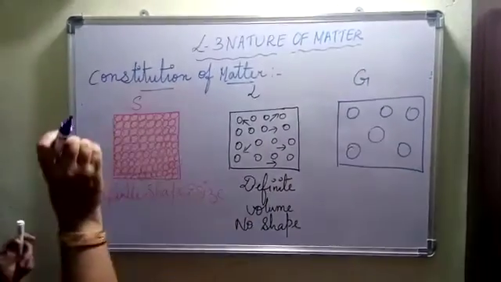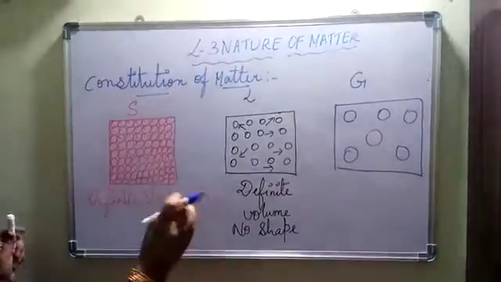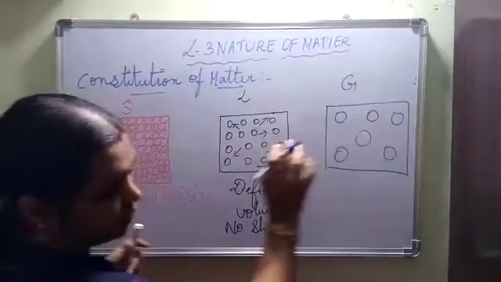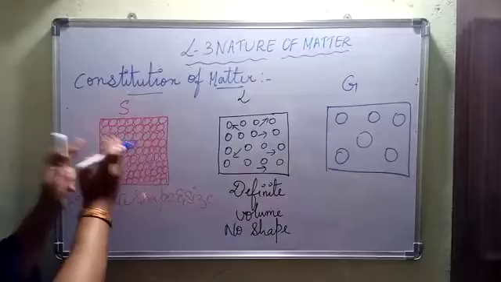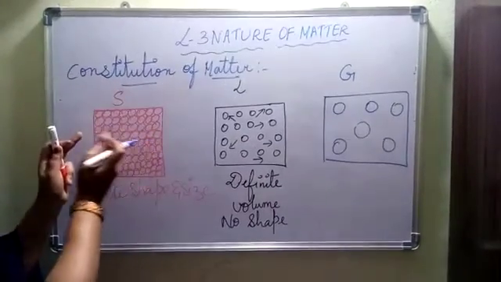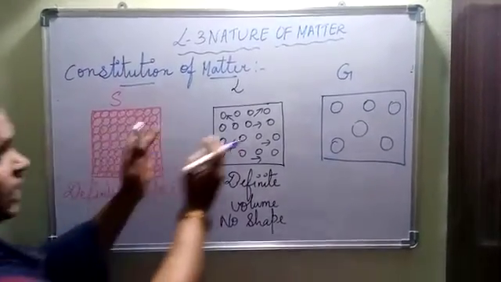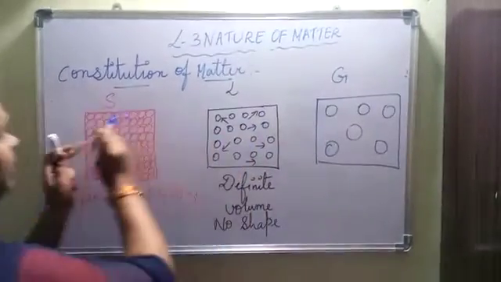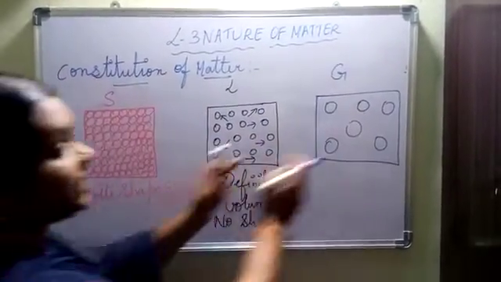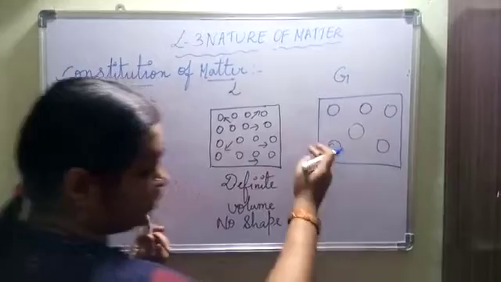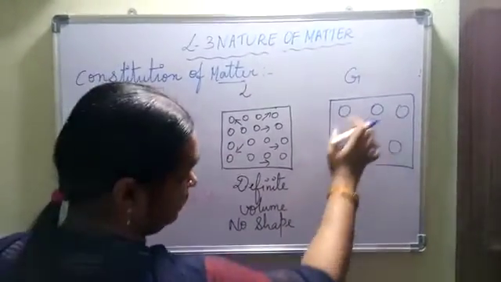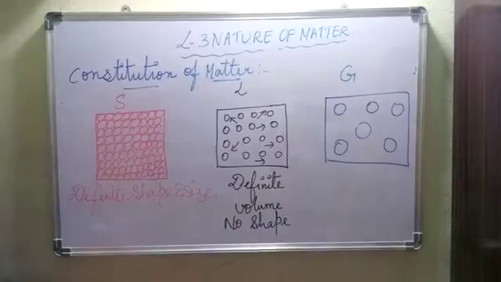The force of attraction between these particles is negligible. Here in solids, the force of attraction is more. They are rigid. In liquids, the force of attraction is little less when compared to solids. But in gases, the force of attraction is negligible. Why? Because the particles are very far away from each other.